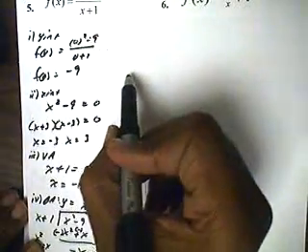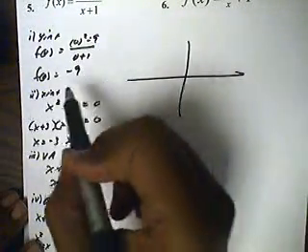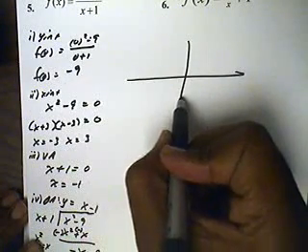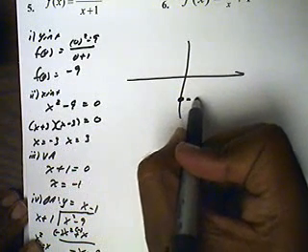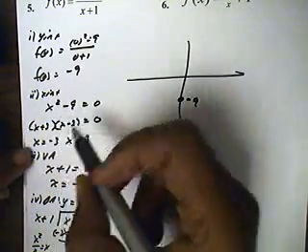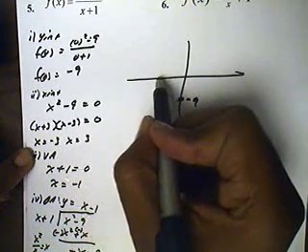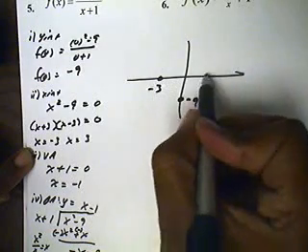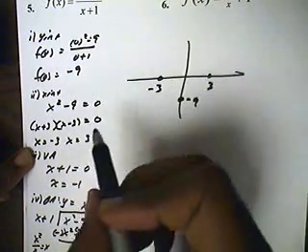The graph will have negative 9 as a y-intercept, and we'll also have, as x-intercepts, negative 3 and positive 3.